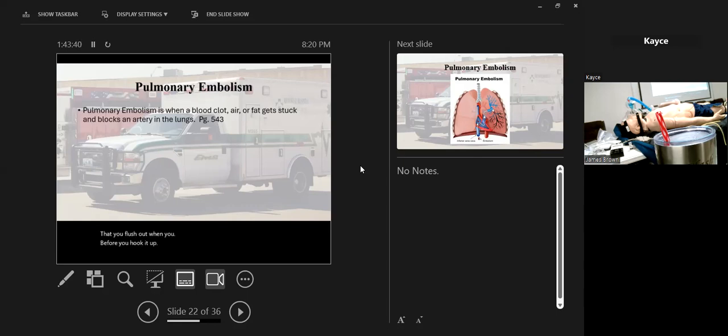If you don't and you flush that whole 10 mils into the body, it's probably not going to do anything to the patient. But there's always a chance it could cause a pulmonary embolism once it reaches the heart and into the lungs.